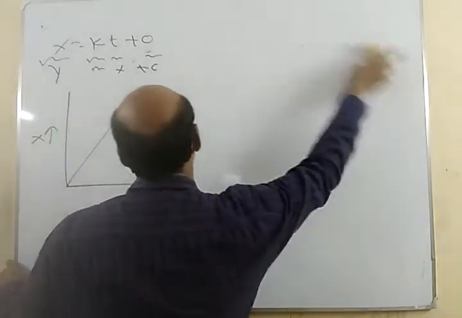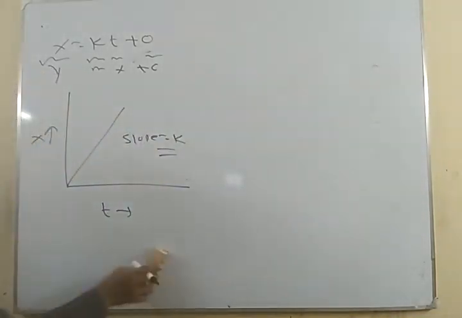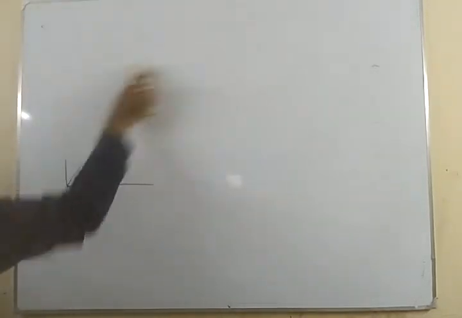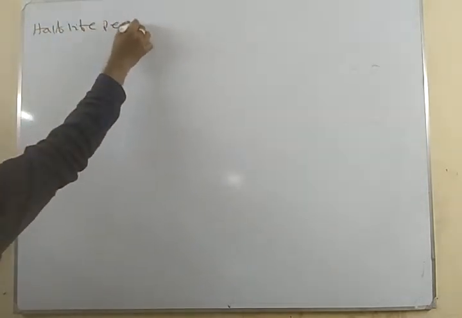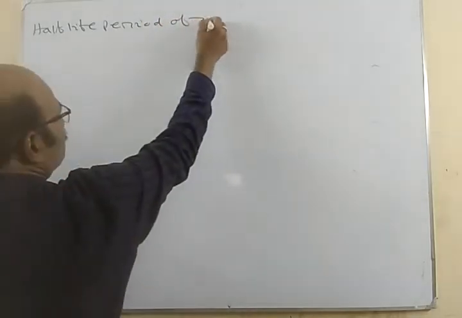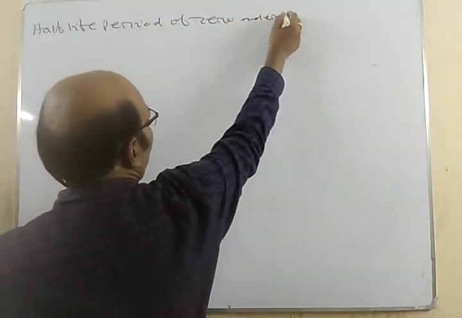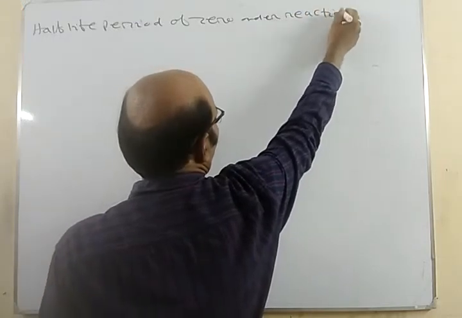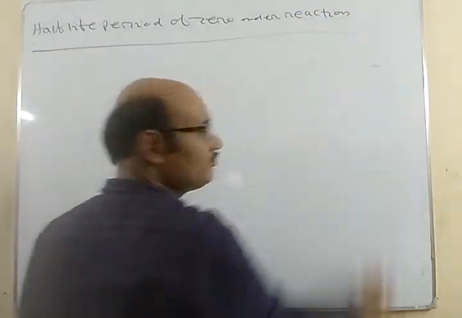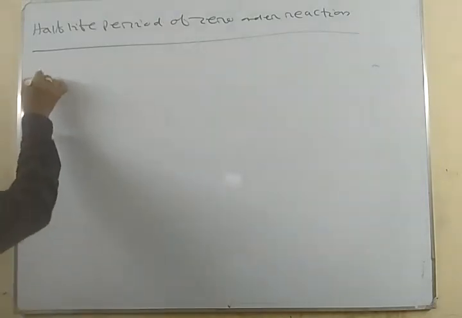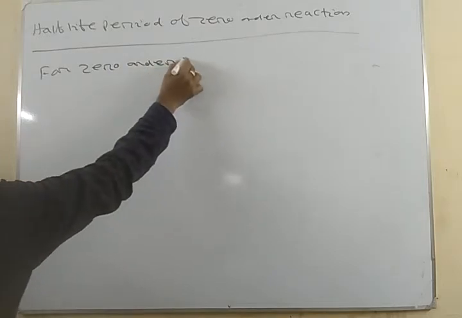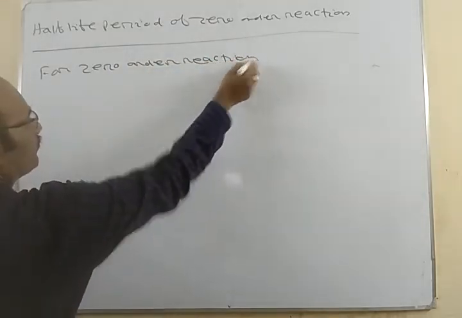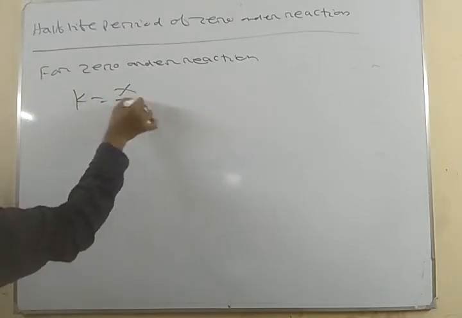Now the half life period of zero order reaction. For a zero order reaction, k equal to x by t.